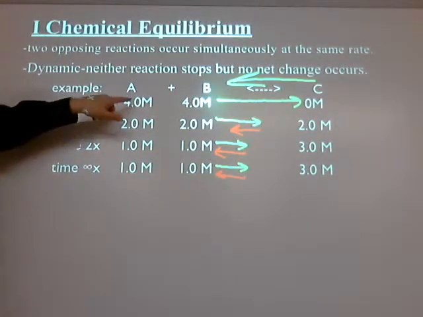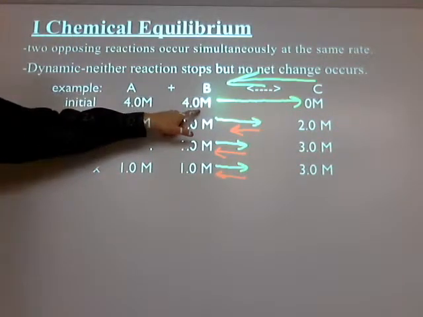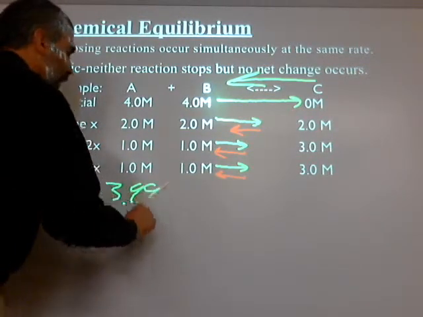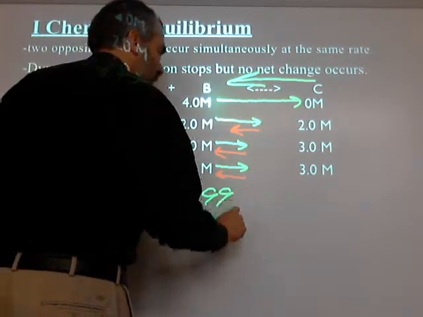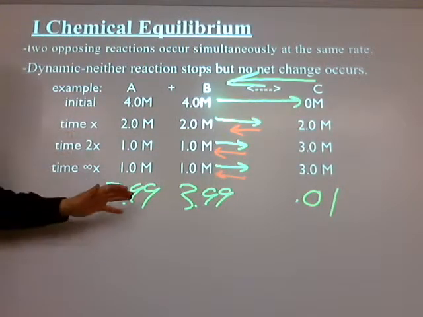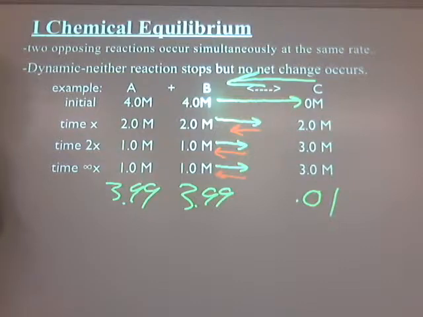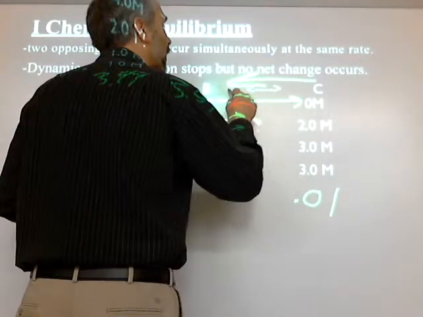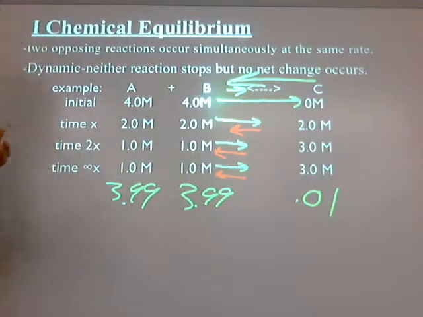You can put 4 moles of this and 4 moles of that in, and at equilibrium have 3.99 moles of this, 3.99 moles of that, and 0.01 moles of that. That's all you'd get from this reaction if the equilibrium were such that the reverse reaction was way faster than the forward.